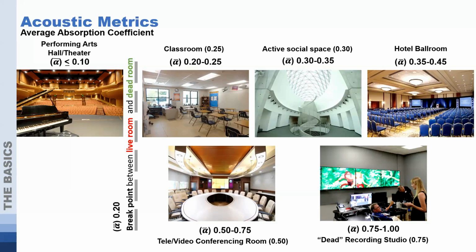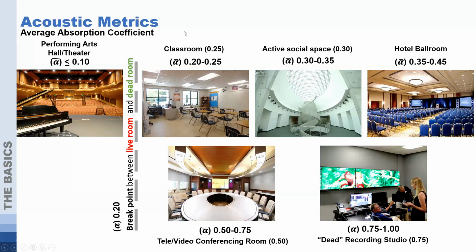We come along here, and this alpha bar of 0.2 is what we would consider to be the break point between a live room and a dead room. So a live room is one that enhances the acoustics. A more dead room is one that begins to absorb the sound.